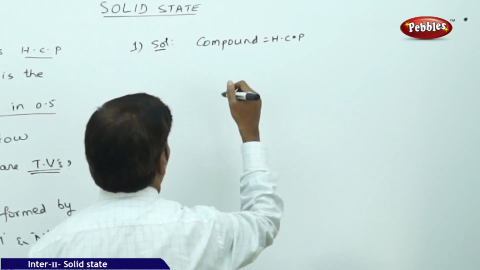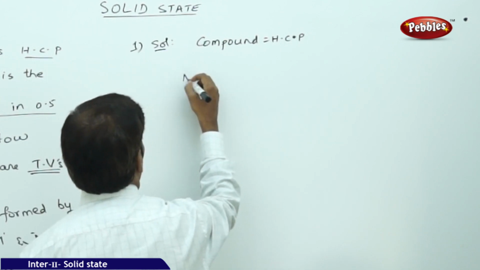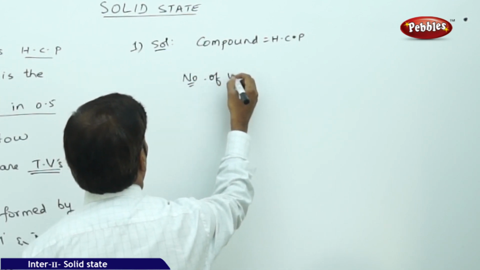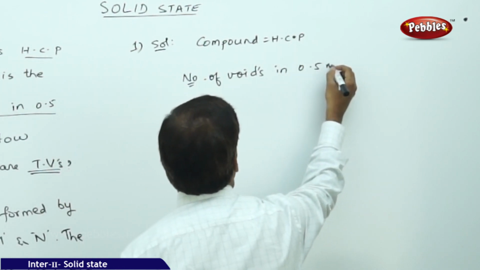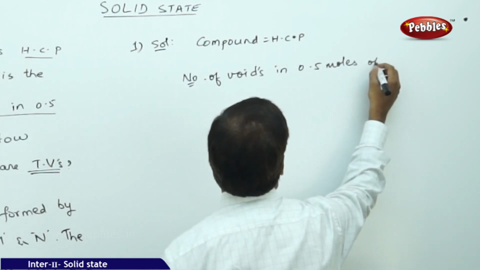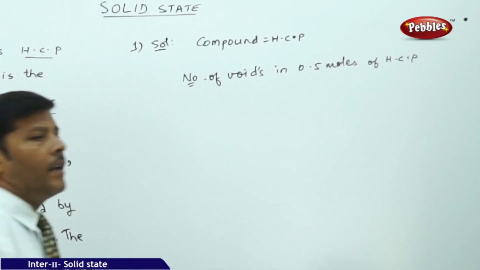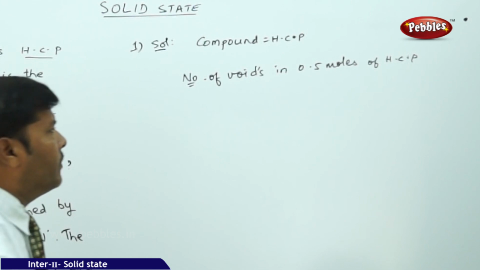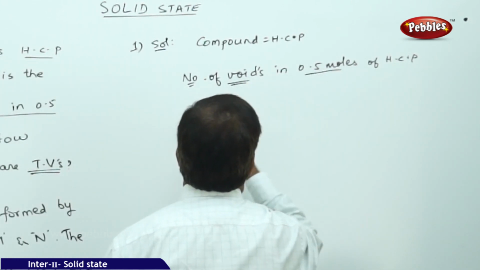Because he is asking the number of voids in 0.5 moles of HCP, hexagonal closed pack structure, how many voids will be there?